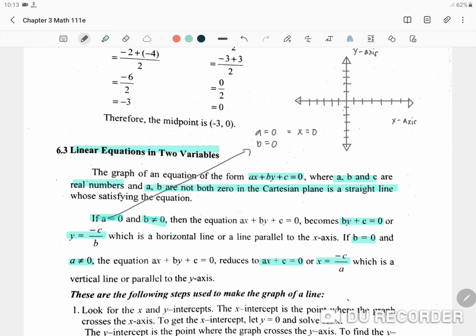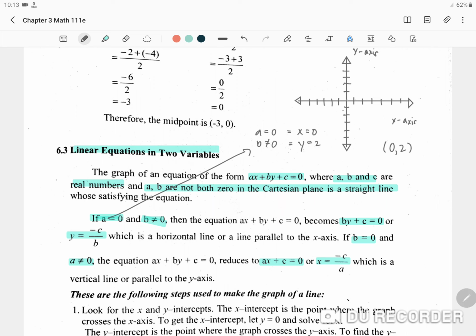Okay? And itong b natin na hindi yan equal to 0, let's assume na the value of our y, assume lang ito ha, is equal to 2. So let's try to graph this one. Basically we have a pair na 0 and 2. If we try to graph this one in our Cartesian plane, magkakaroon tayo ng ganitong form.